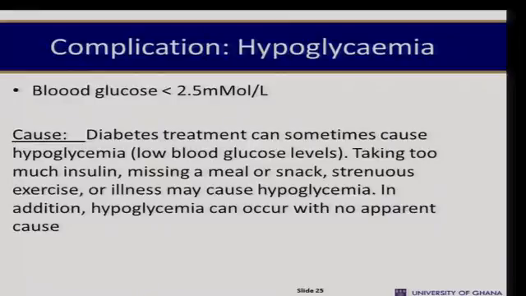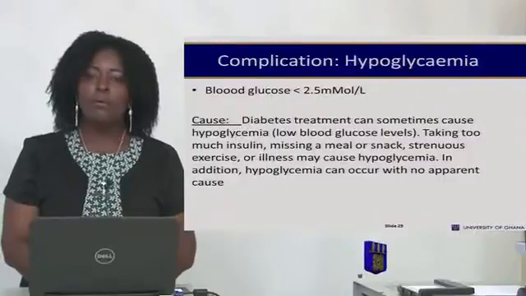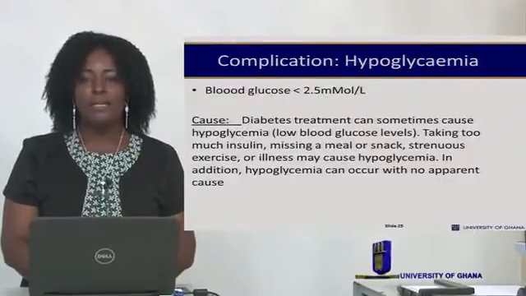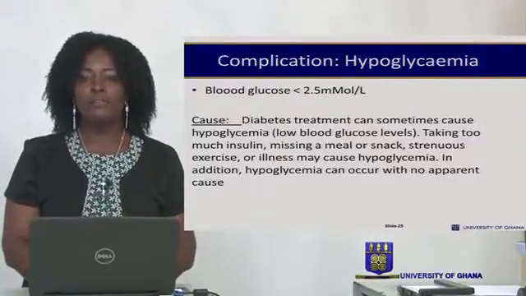So it is very, very important to note that one of the complications a child with diabetes may have is hypoglycemia. And this is diagnosed when the blood glucose level is less than 2.5 millimoles per liter.